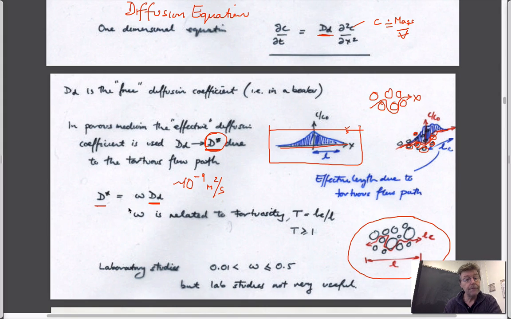But you have to modify it by some number to account for the fact that it's flowing on this tortuous flow path. And numbers for this effect of tortuosity might reduce its effective magnitude by half or to 100th, something in there. And you could test to do that if you want to.